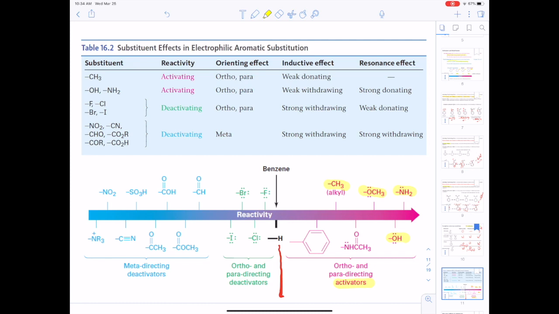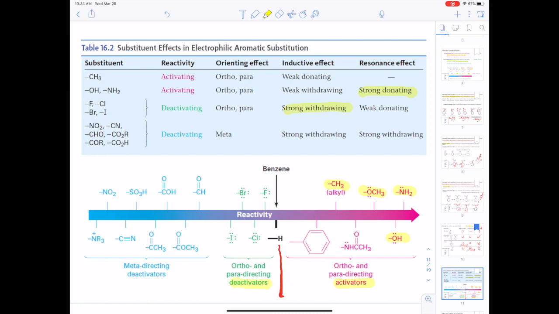They withdraw by inductive effects because of electronegativity, but the effect is stronger through resonance. Halogens, they are strongly withdrawing by the inductive effect, so it's mostly about the electronegativity. The lone pair that can donate through resonance is a weaker effect for halogens.